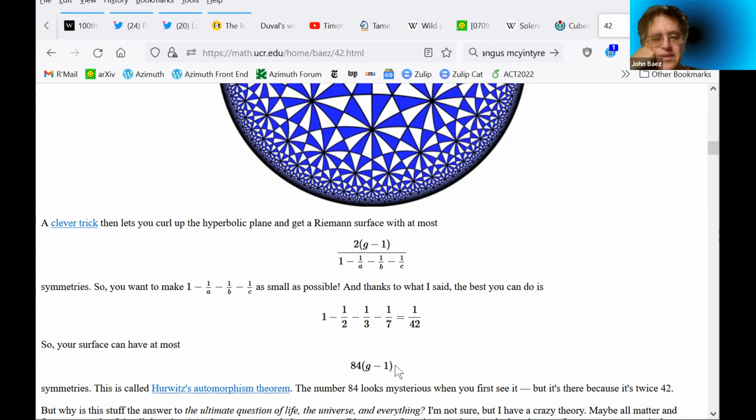And it's a fun little number theory puzzle that basically comes up because if you try to find three numbers whose reciprocals add up to just a teeny bit less than 1 and get as close as you can, then it's this 2, 3, and 7, which really is a 2, 3, 7 Coxeter group.